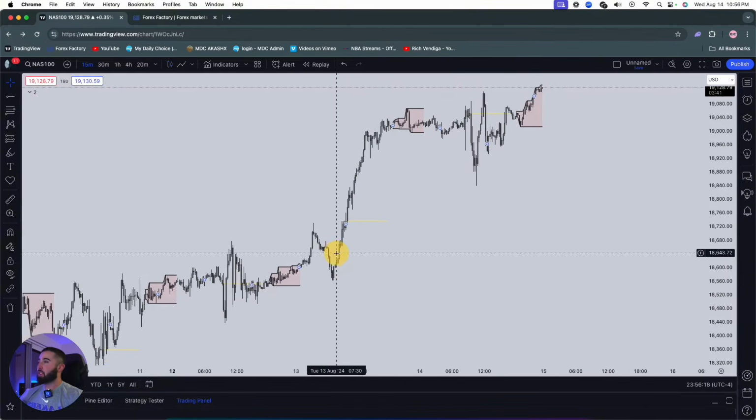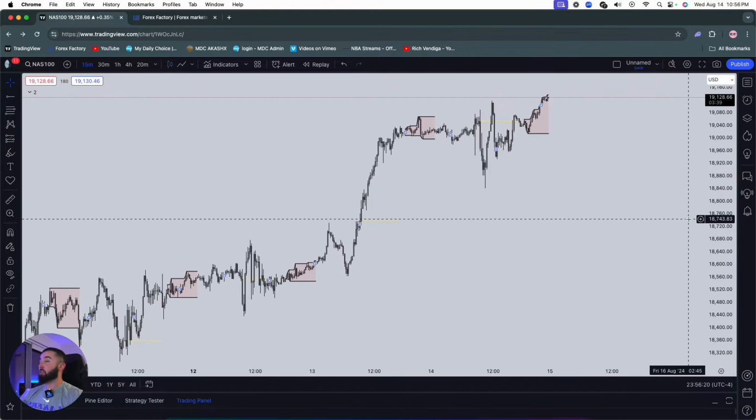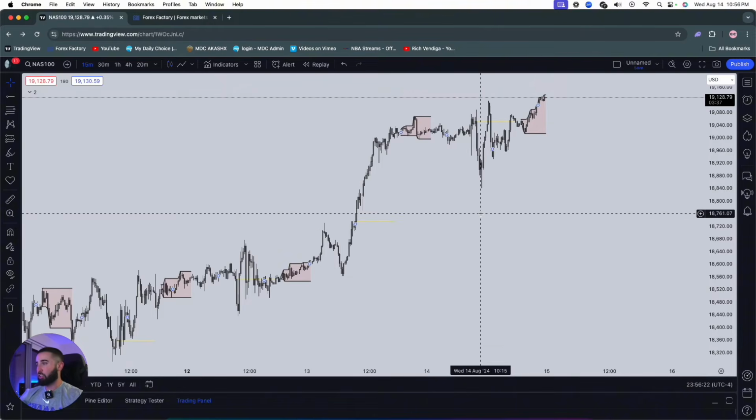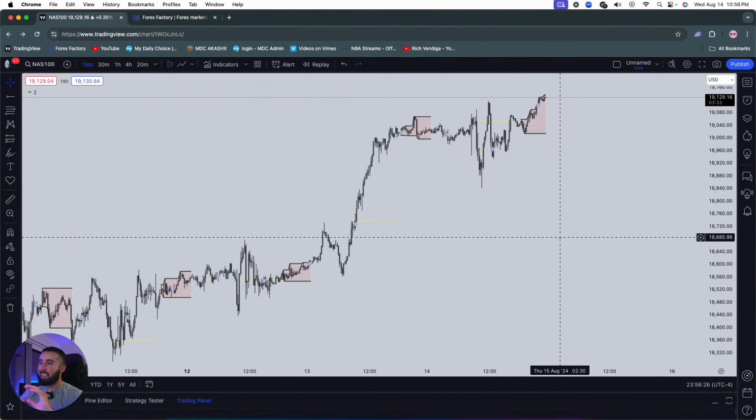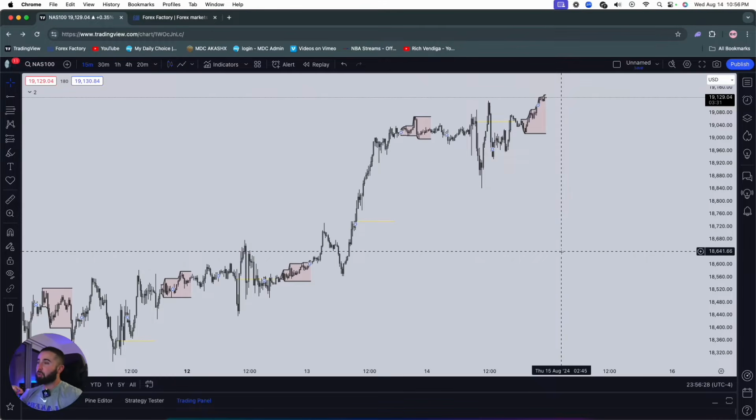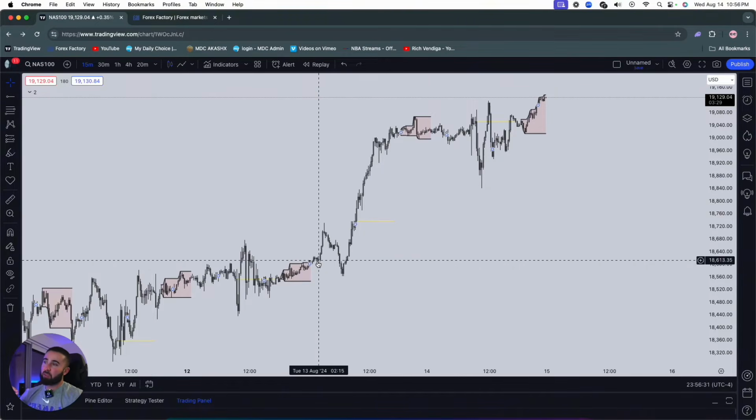Now, obviously, we're going to look at other factors such as overall trend, market structure, areas of supply and demand, liquidity, imbalances, etc. The Asian range breakout is not the only confirmation, but it allows us to create a very strong sense of directional bias for the day.